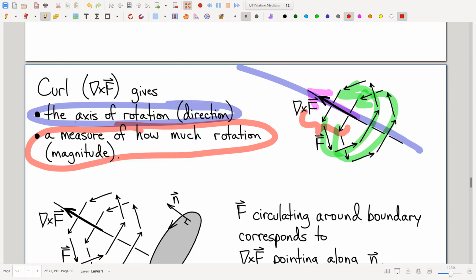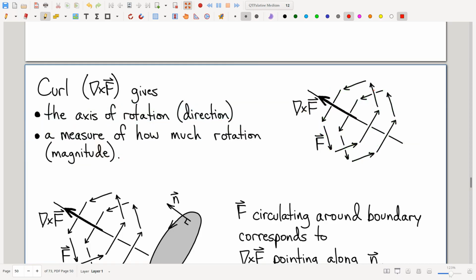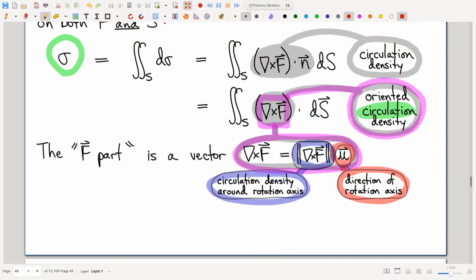Now, I want to try to persuade you that the dot product up here is a reasonable thing. So let's see here. What color am I going to use? I'll use orange. So this dot product right here. Why the dot product?